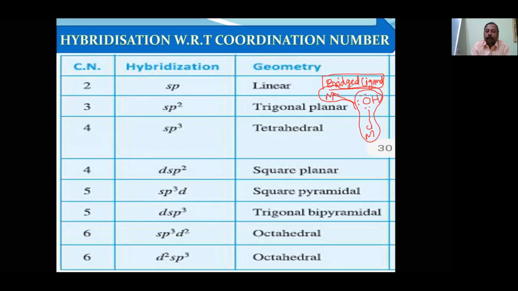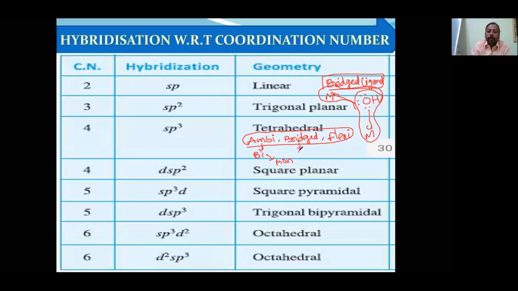There is a small difference between these three options: ambidentate, bridge ligand and flexidentate ligand. These are three things which appear to be the same, but there is a minute difference. What is the ambidentate ligand? It is a bidentate but acts as a monodentate.